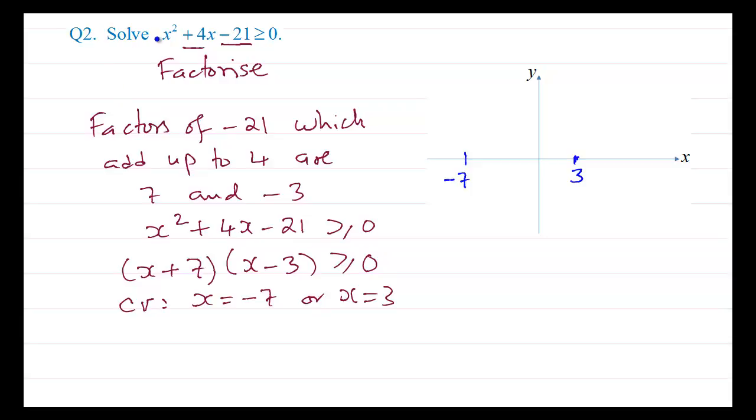Again, the coefficient of x squared is positive, so the shape is U shape. Now you can sketch a graph. This time, the inequality sign says greater than or equal to, therefore you shade above the x-axis.